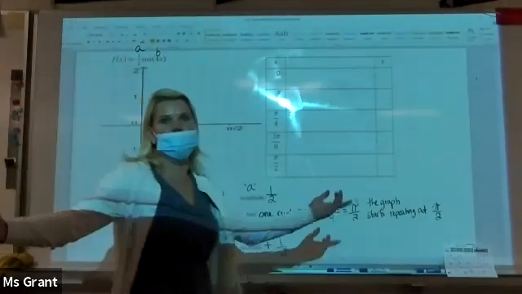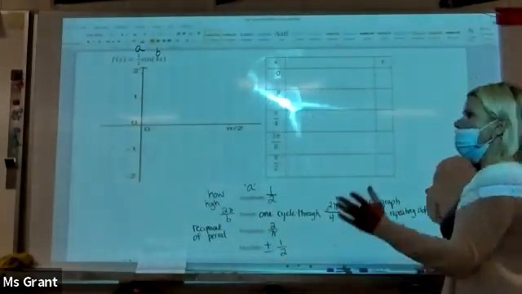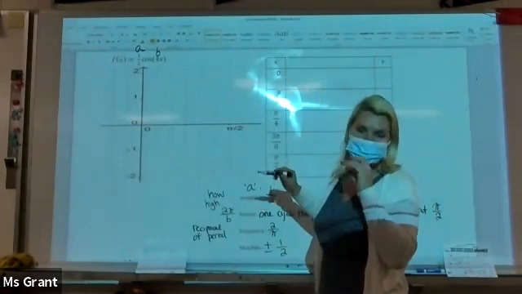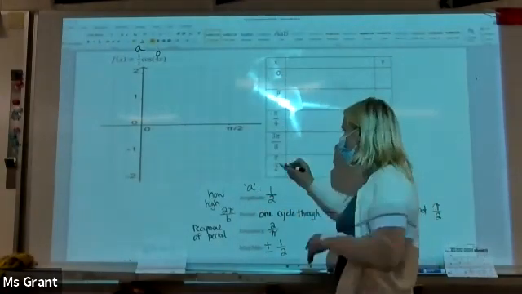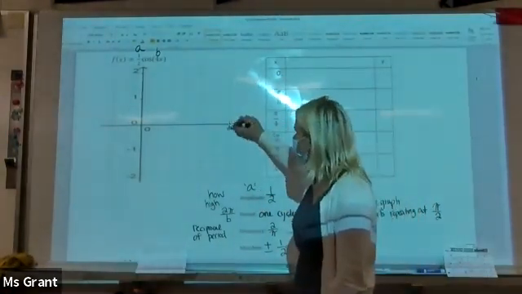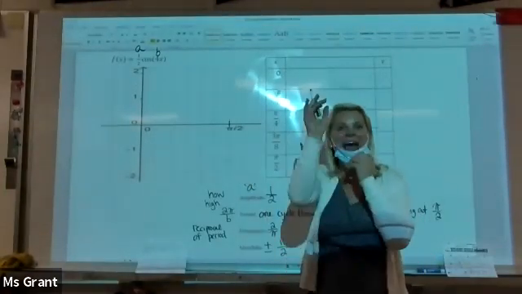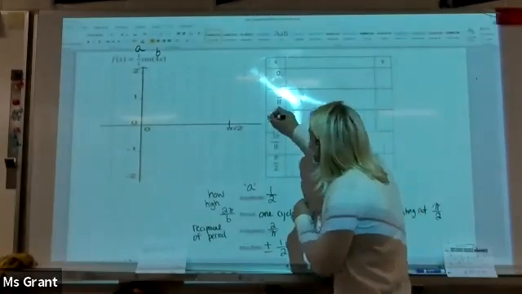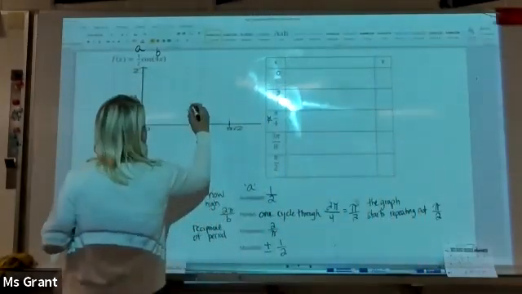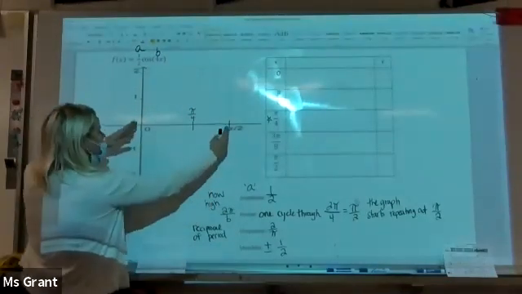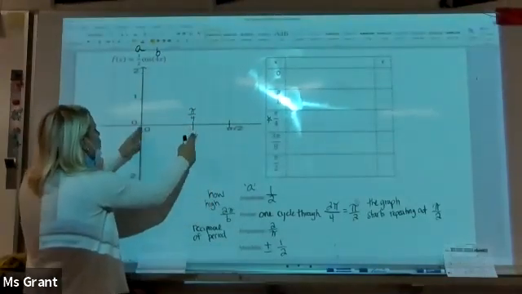How do I even graph this table of values? Why did I pick these values? Well, I know that one whole cycle is pi over 2. And I want to know each quarter. What's half of pi over 2? Pi over 4, right in the middle. What's half of that?